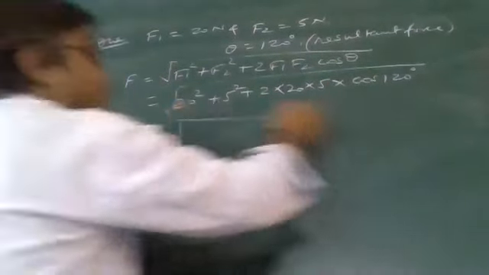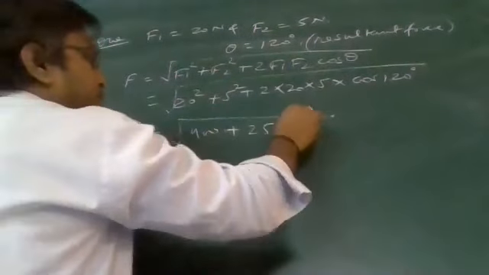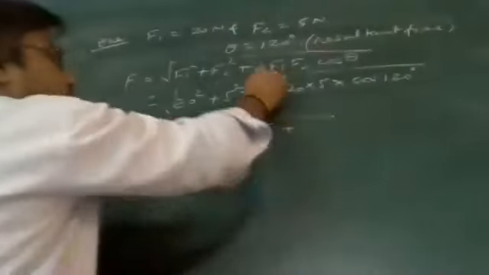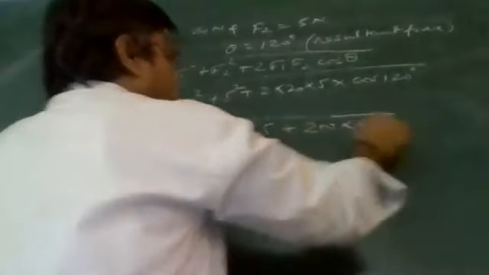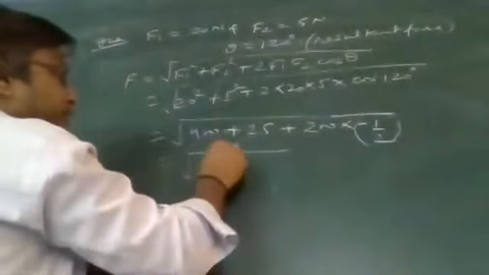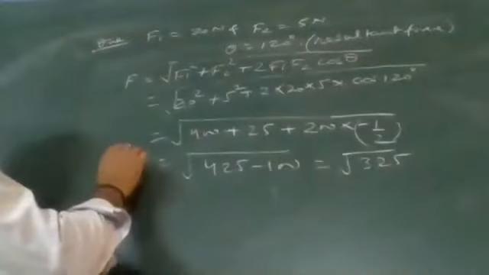Here, cos 120 is minus 1 by 2. You will get here 400 plus 25 plus 200 multiplied by minus 1 by 2. What do you get? It is 425 minus 100, that is 325. The square root of 325, that is the resultant force.